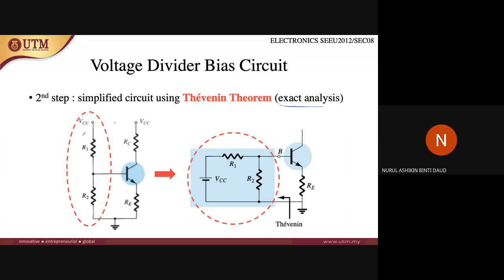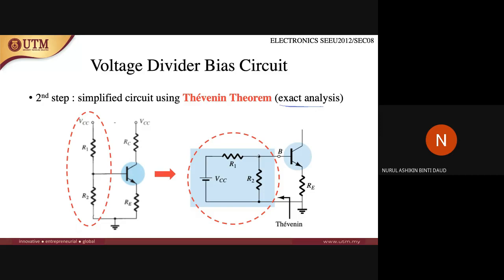This part is actually parallel: R1 and R2 are connected in parallel. Change this part to look like this, and you can see clearly that R1 and R2 are connected in parallel.